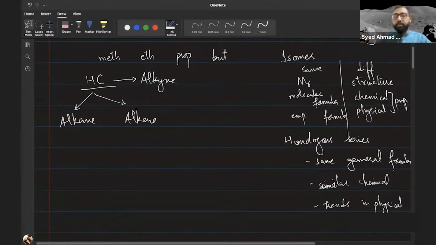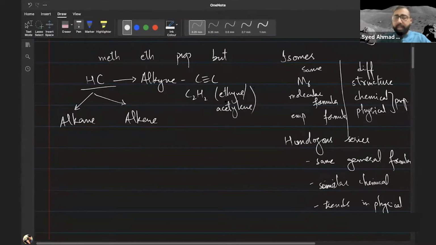Alkyne में आपको क्या बताना चाहिए? The first thing you need to know is that alkyne has triple bond of carbon in there. So there has to be at least 1 carbon-carbon triple bond. And the second thing you need to know about is that the first member there, C2H2, जिसका नाम ethyne है, जिसको हम acetylene भी बोलते हैं, that name you don't need to remember. But ethyne is the name, and that thing is used in welding.